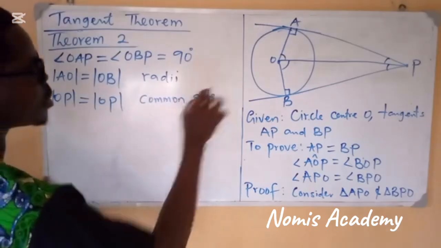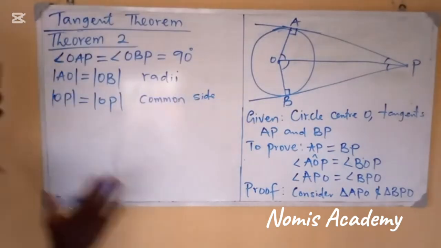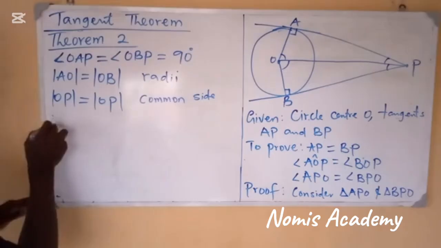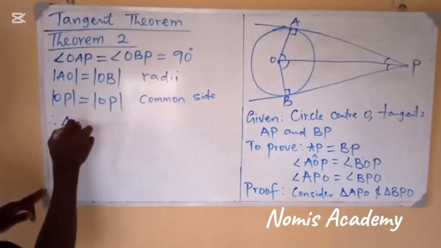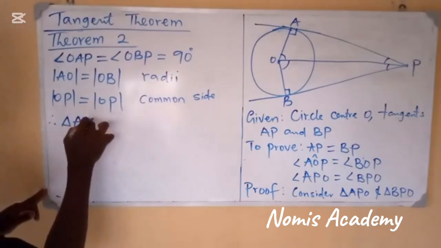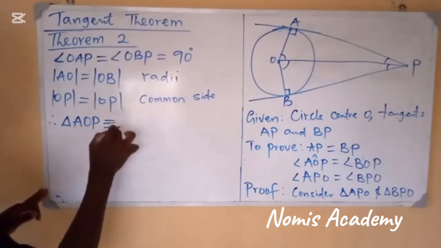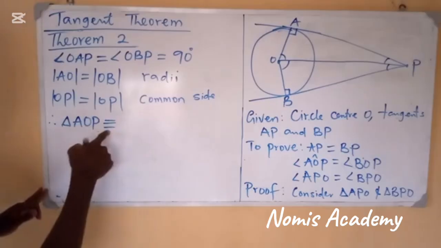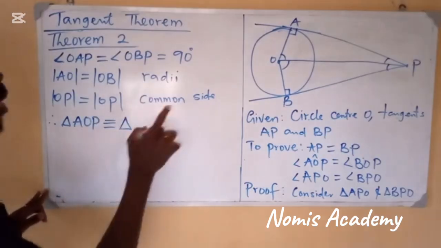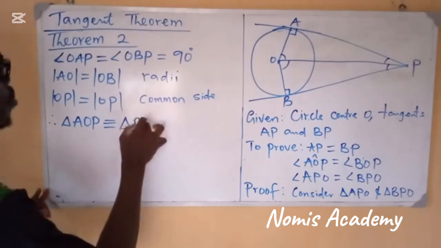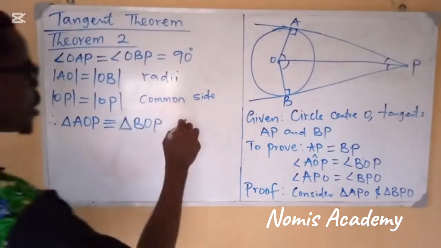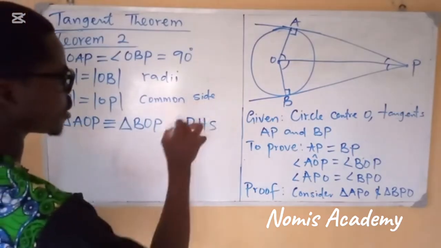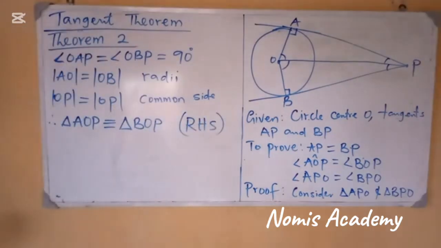The common side. So from this we can now clearly see that therefore triangle AOP is congruent, we are using this symbol to represent congruency, is congruent to triangle BOP. And the congruency is RHS.